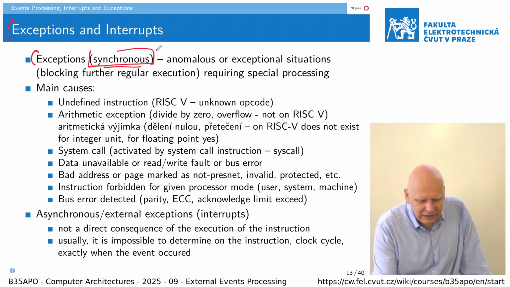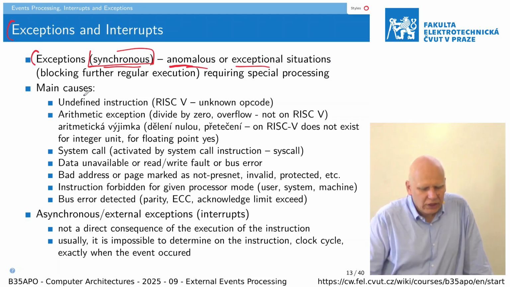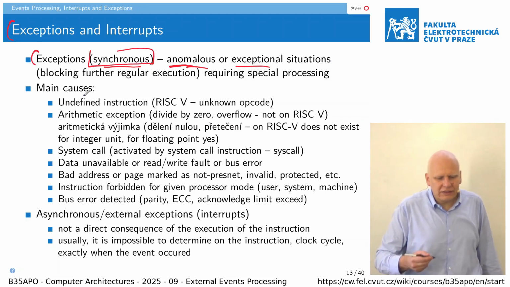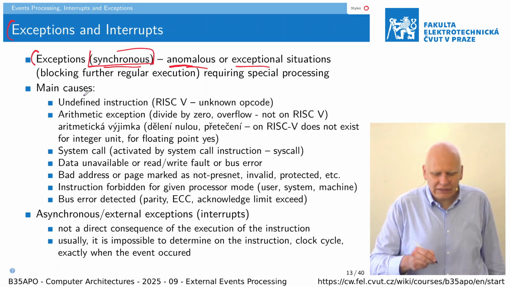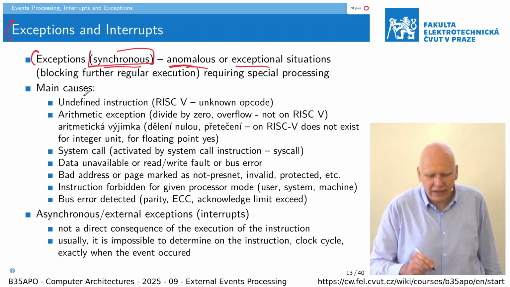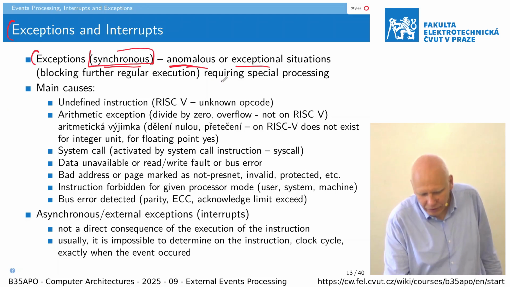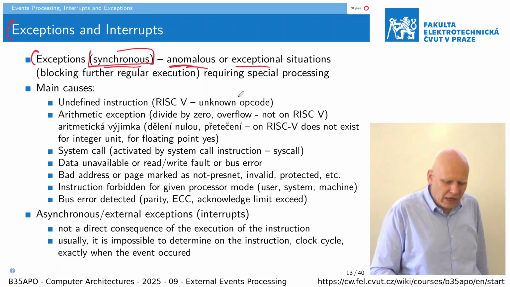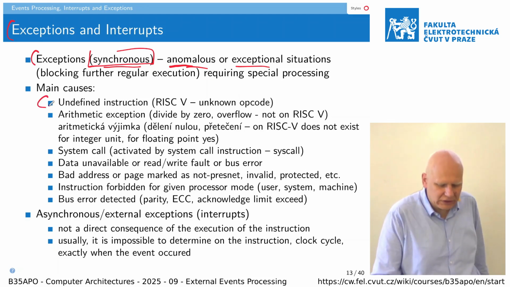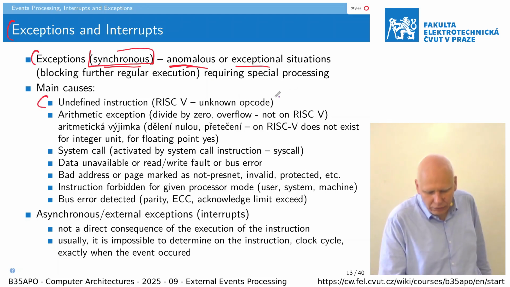Then this is the exception which is connected to an anomalous or exceptional situation blocking further regular execution, but this is caused by the actual executing of the previous instruction. And the main causes of those synchronous exceptions are undefined instructions.